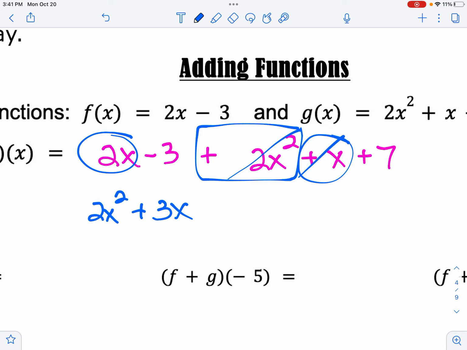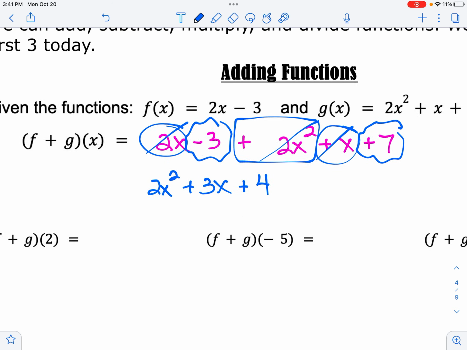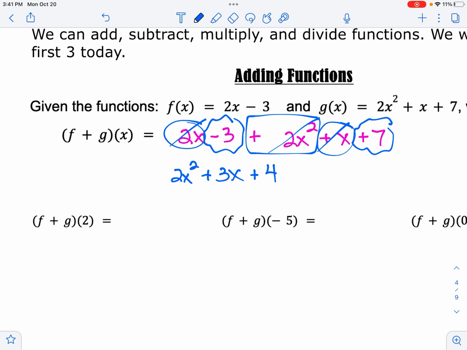And then, let's see, I got this one. My two constants there, negative 3 plus 7 is 4. Okay. So now I know what f plus g of x is. It's 2x squared plus 3x plus 4.